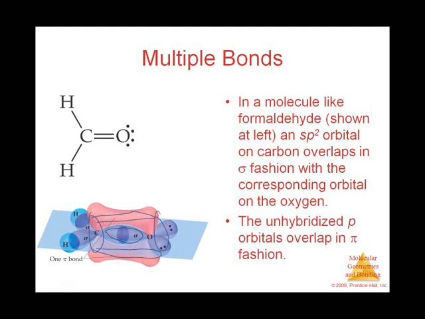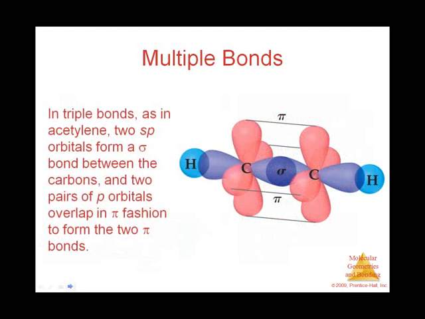So the overlap is in a pi fashion when that happens. So we have a triple bond. The center one is the head-to-head, and that's sigma, and then if I add additional orbitals, or additional bonds, multiple bonds, they are pi.